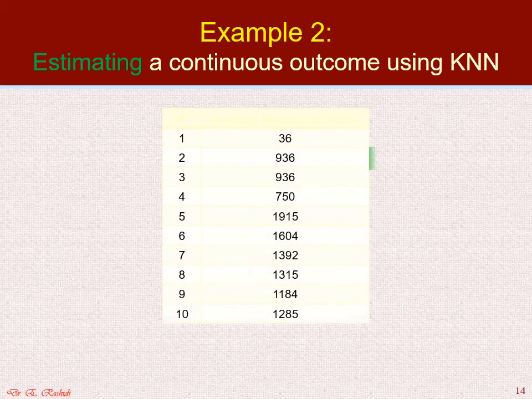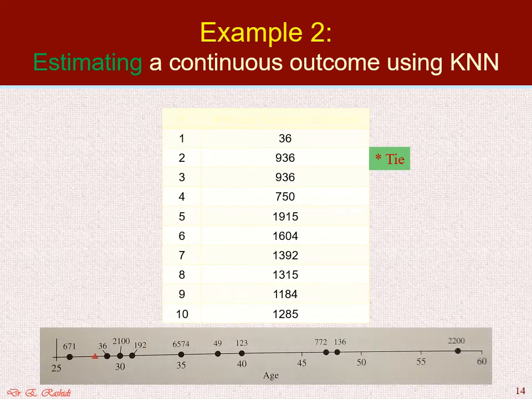So it is listed here in this graph right here. When k is 1, one neighbor, our prediction for its average balance is 36. For k equal to 2, actually we have a tie here, and this is the problem that you see here. So the distance between our new observation's age and the previous data points: the age of this person is 26, and the age of our observation is 28.